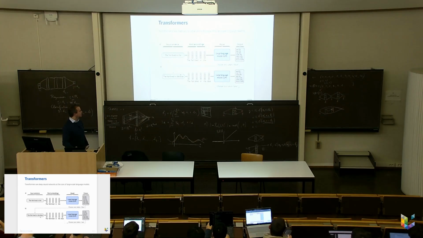Blue would be a new token which you add to the sentence. That gives you a new element in the set, to which you also have a vector. And again, now you have the same problem as before. You have a set of vectors as input, and you want to predict a class as output.